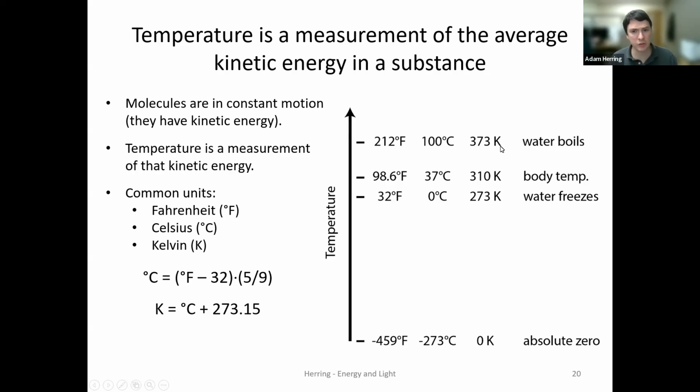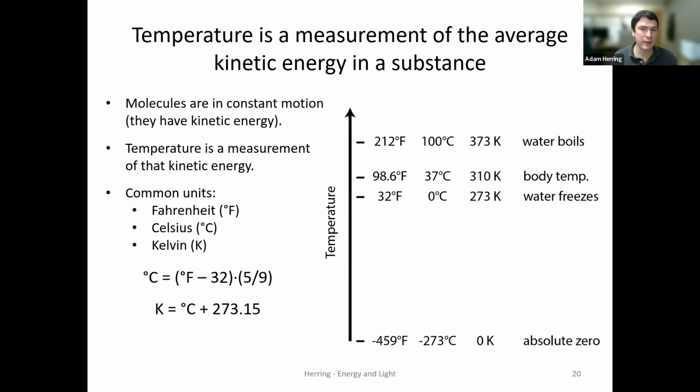Fahrenheit is the common scale used in the United States. It dates from the early 1700s, and it was actually arranged around body temperature on the high end, and on the low end, the freezing point of a mixture of water and various salts.